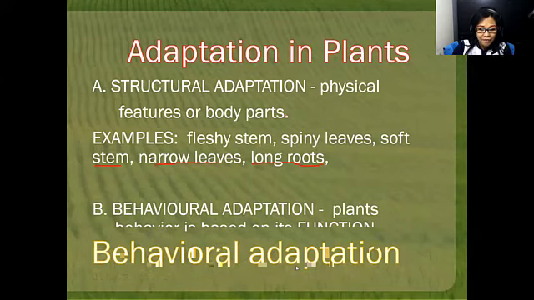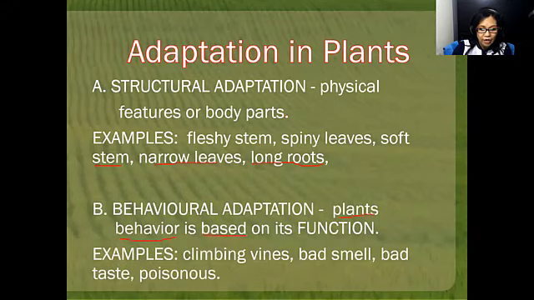So these are the plant's behavior. This behavior is based on its functions. For example, the vines of the plants can climb. We call it climbing vines. Some plants have a bad smell.